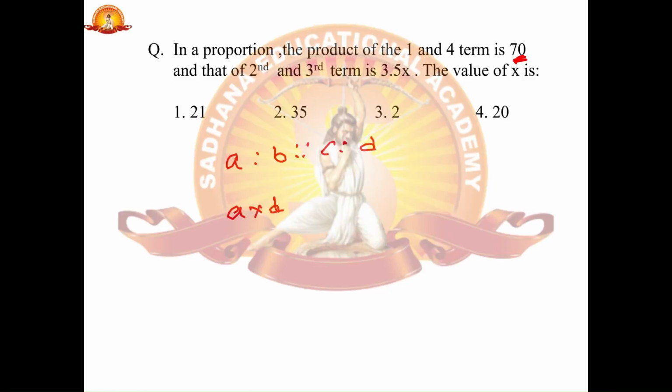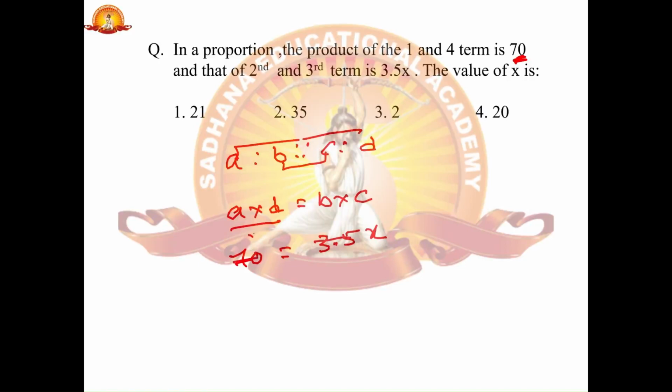A into D is equal to B into C is the relationship we have when two ratios are in proportion, because the product of extremes is equal to the product of means. That is why A into D is equal to B into C. This product A into D is given as 70 and the product of B and C is given as 3.5x. I need to find the value of x.